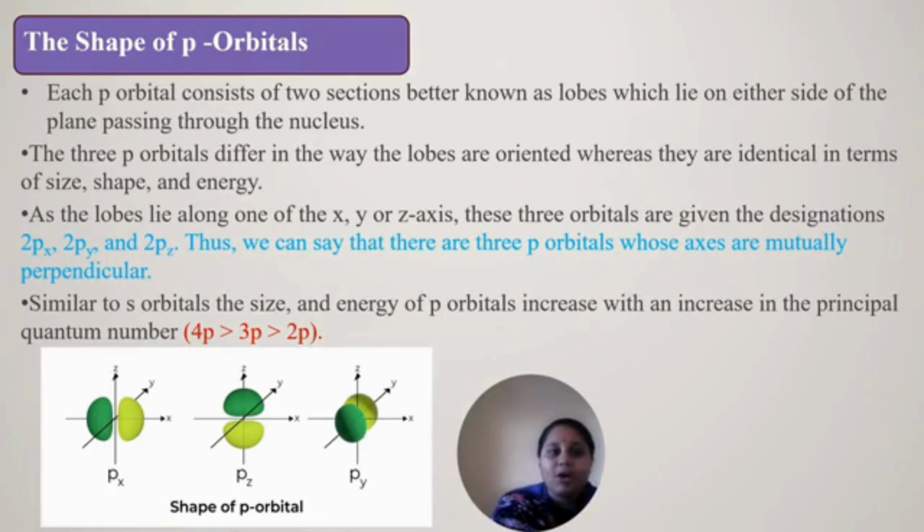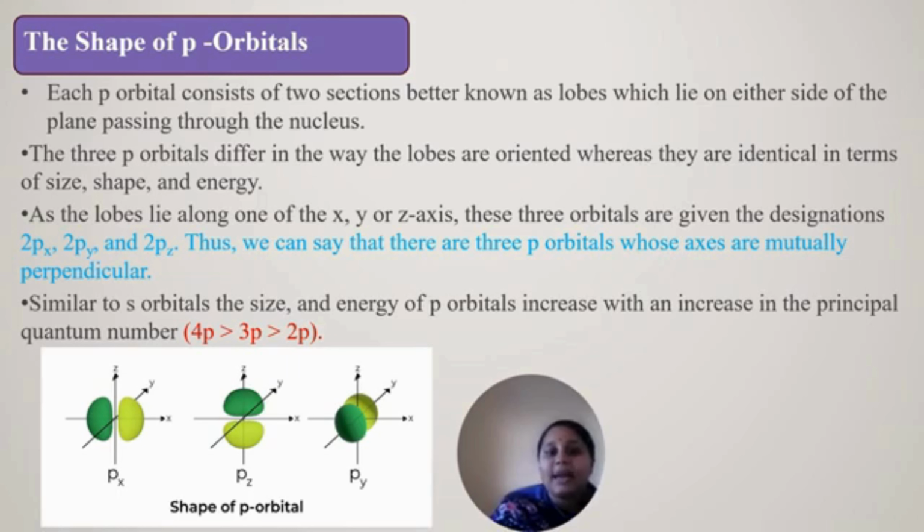Shape of the p orbital. It is a dumbbell shape with 2 lobes on either side of the plane passing through the nucleus. The 3 p orbitals differ with respect to the direction of their axes, in terms of shape and energy.